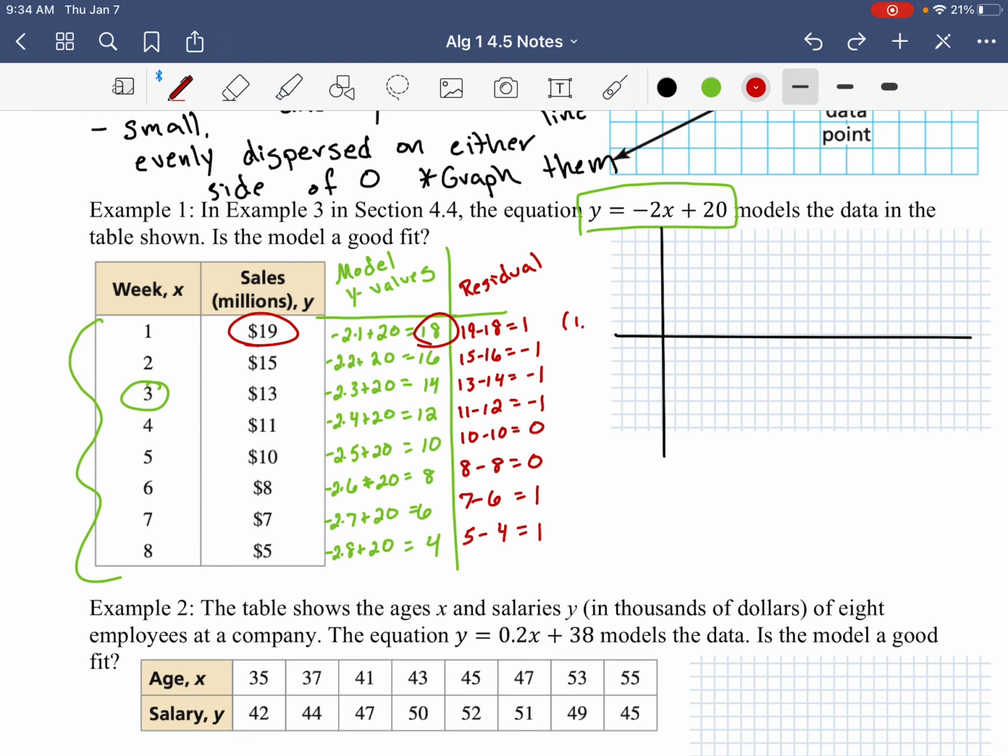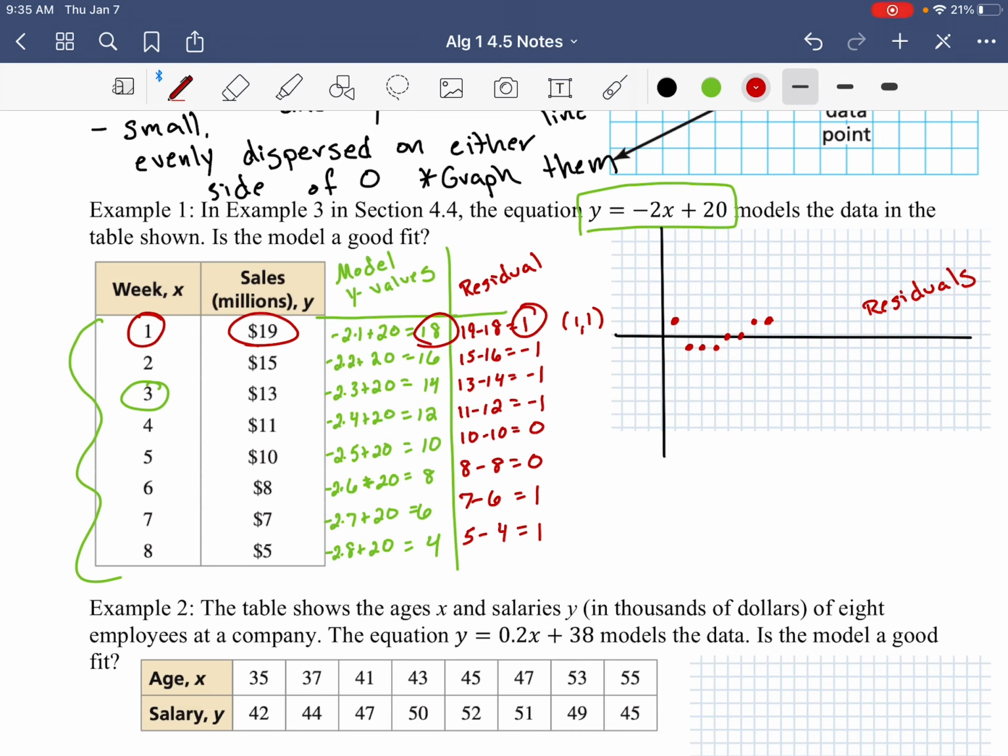Then we have the point 2, negative 1. 3, negative 1. 4, negative 1. 5, 0. 6, 0. 7, 1. 8, 1. Okay, so this is a graph of our residuals.